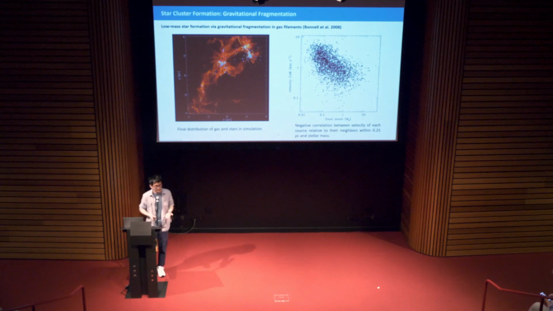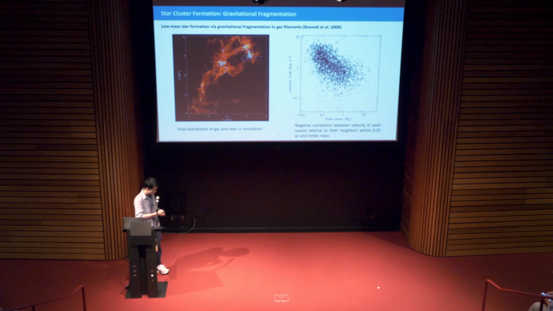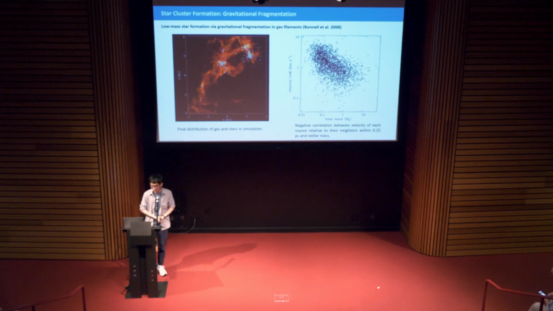But the general idea is that when stars are forming in the cluster, in the gaseous regions, they're not only forming in the center here, which are the bright spots, they're also forming in these filamentary structures before they infall towards the center.